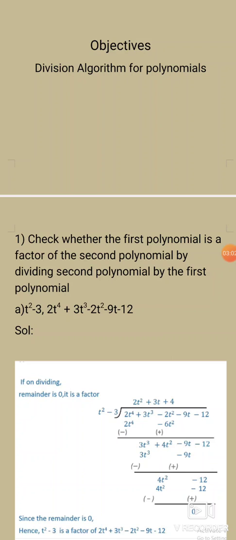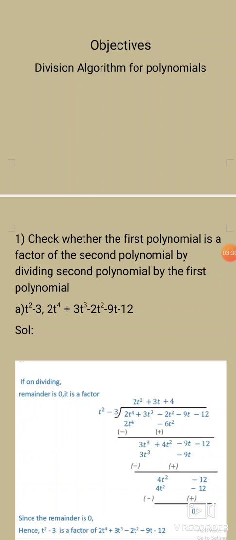Then same. Next, to change t square into 3t cube, we need to multiply the t square with the 3t. So 3t cube minus 9t. Now subtract it. Then at last 4t square minus 12. Then we need to multiply t square minus 3 with the 4 to get 4t square minus 12.